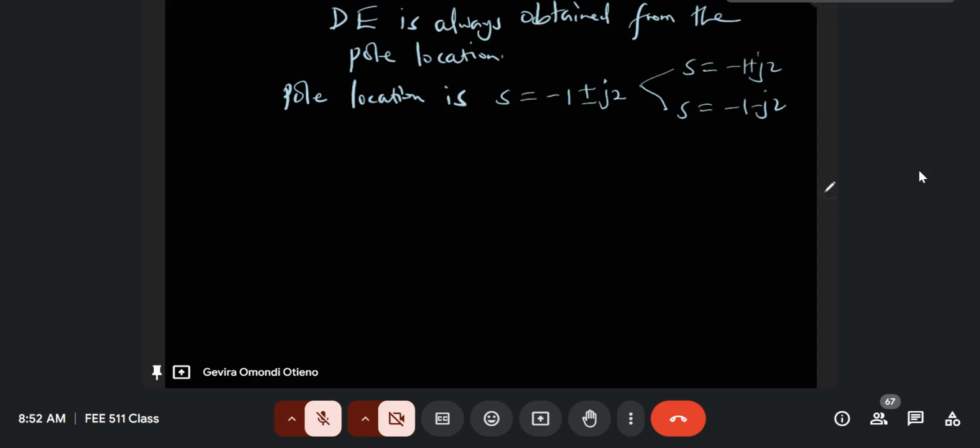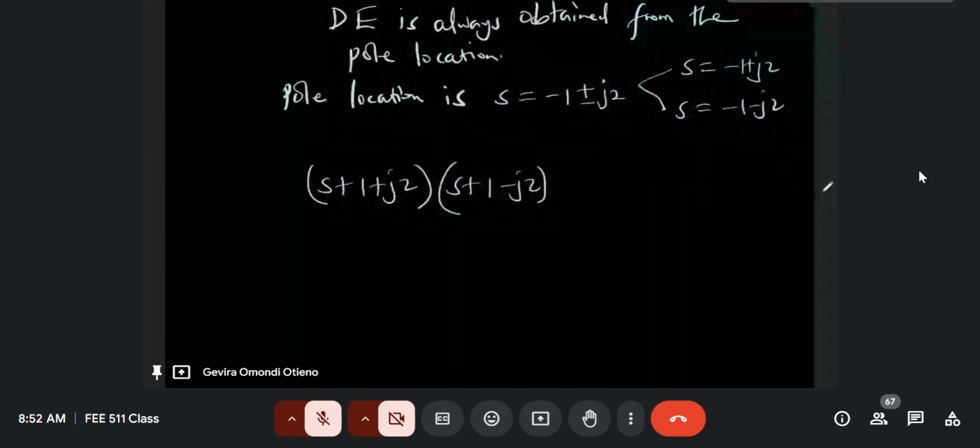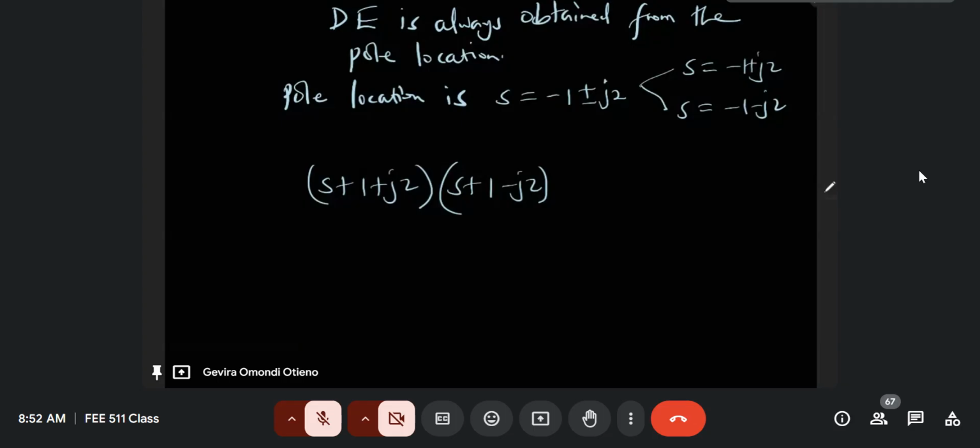Now, these two poles, you can see that there's a complex pole, they're complex conjugates. So you have S plus 1 plus J2 and S plus 1 minus J2. My maths, I used to call it a difference of two squares, something like that.